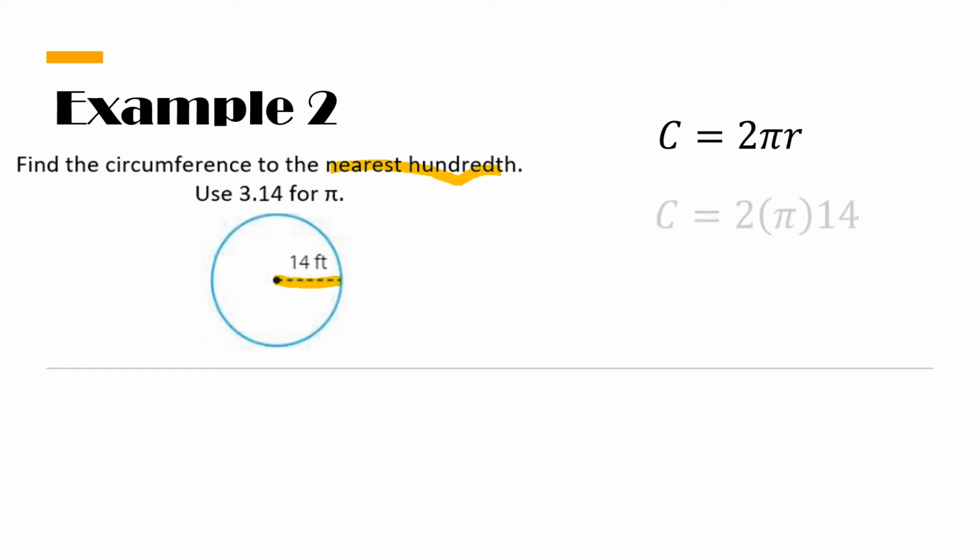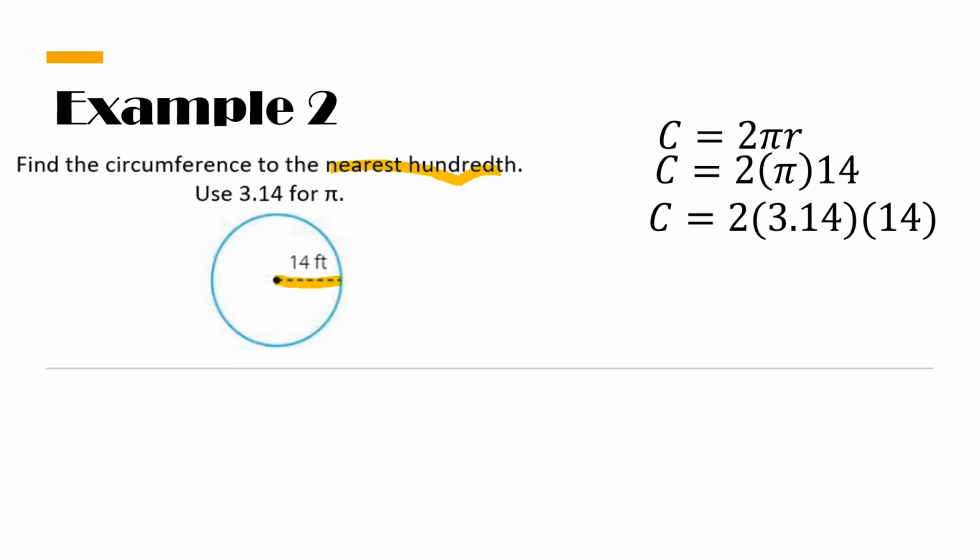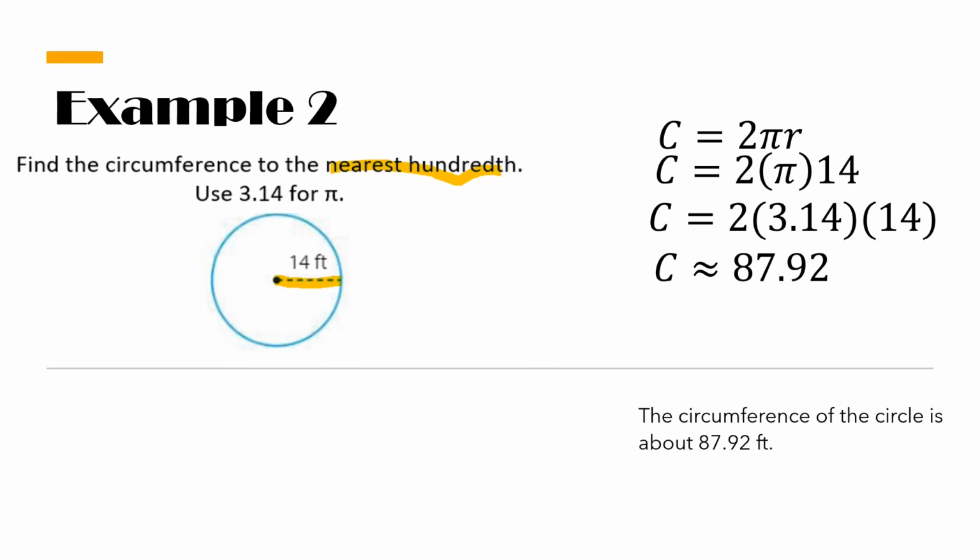I'm going to sub in 14 for my radius. I'm going to sub in 3.14 for pi. And now I'm going to use my calculator to get an answer of 87.92. So for this example, the circumference of the circle is about 87.92 feet.